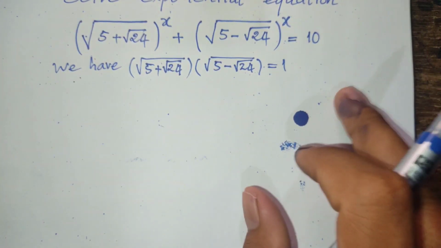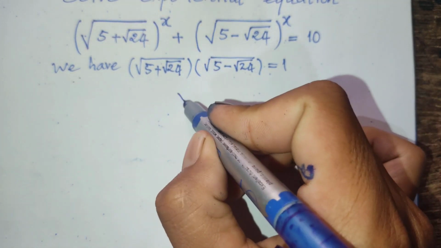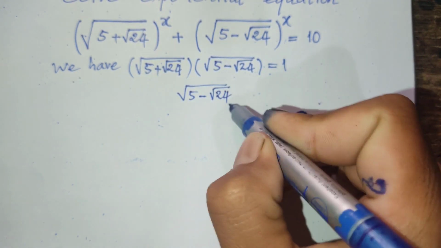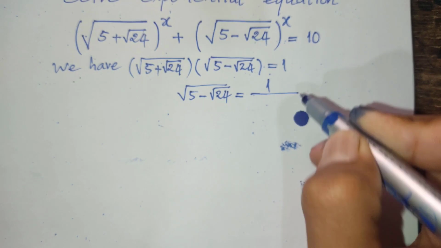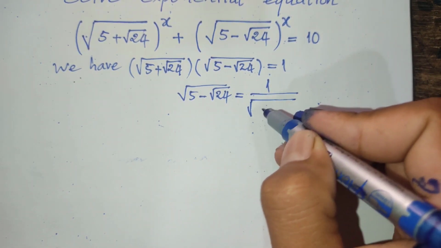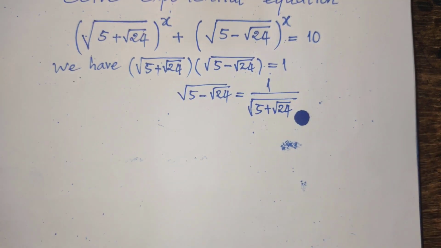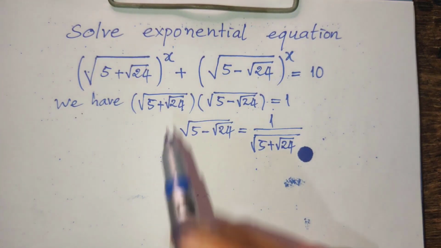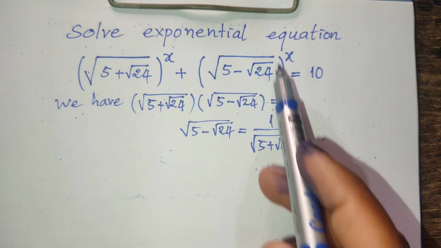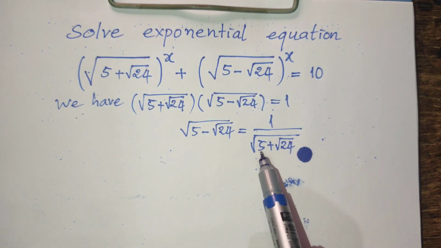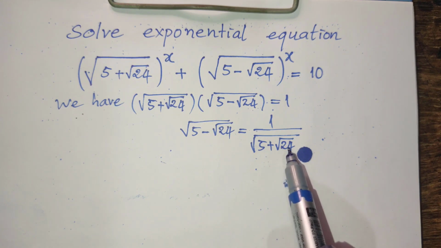So I get square root of 5 minus square root of 24 equals 1 divided by (square root of 5 plus square root of 24). Now I replace square root of 5 minus square root of 24 by 1 divided by square root of 5 plus square root of 24.